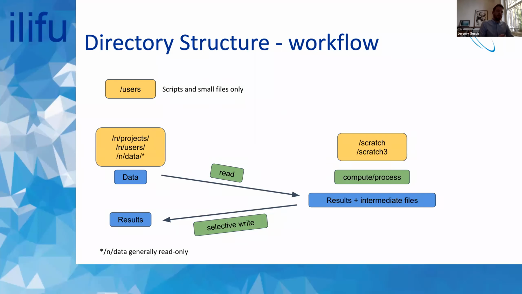Then you would selectively write back only what you need to keep into longer-term storage, which is, again, in either projects or users, depending on your use case. I'd also point out that the data directories provided in the different groups are usually read-only, so you tend not to write into those directories. That's the basic workflow for the directory structure, or the purpose of the directories.